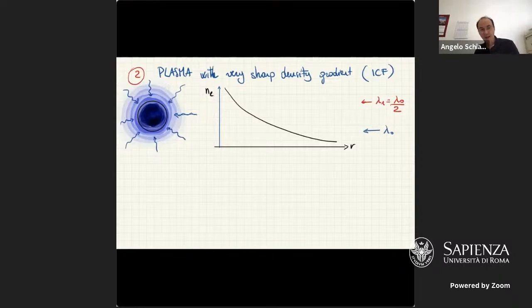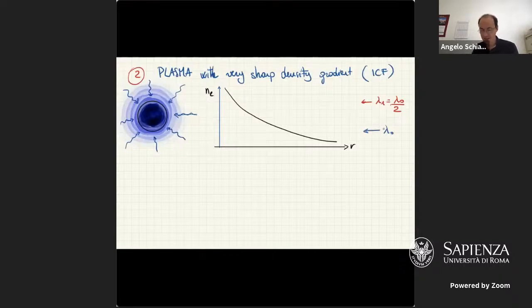So let's recall what is the property of the electromagnetic wave propagation in plasma. We know that outside of the plasma, basically in the outer layers, we are generating the laser in high vacuum. So we have just optical propagation through vacuum, and there's no critical density.